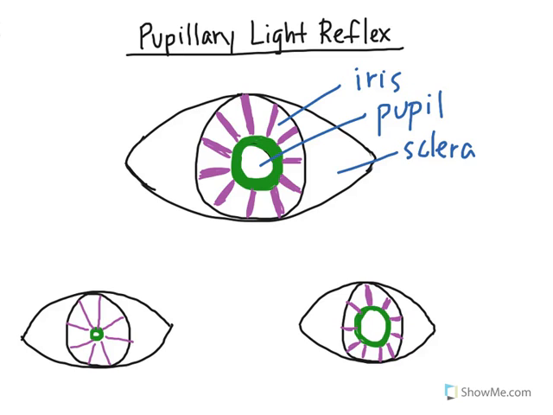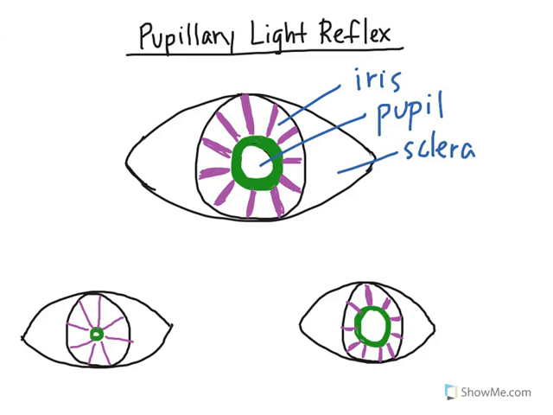But what we are going to focus on is the iris. And I've drawn in two different colors the two different types of iris muscles that control the size of the pupil and in turn how much light is getting in through to the retina in the back of the eye.